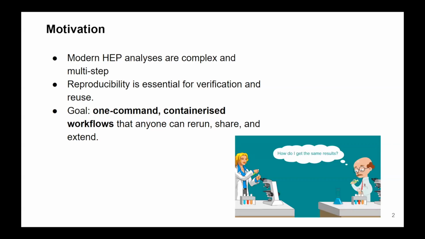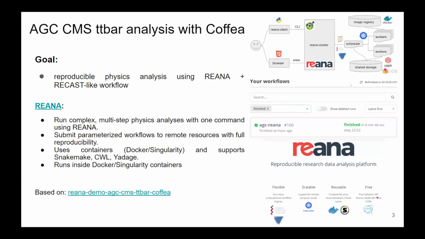It lets collaborators run, inspect, and extend the analysis with confidence, and it keeps results valid months or years later. Our goal was simple to say, but hard to do: make the analysis one-command reproducible, portable across environments, and easy to use when physics inputs change.